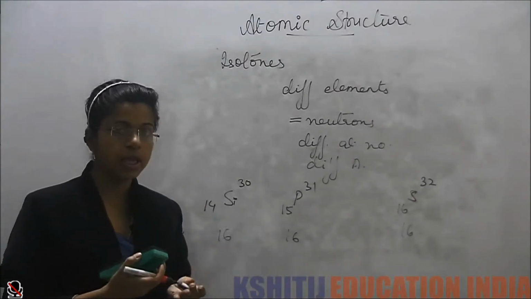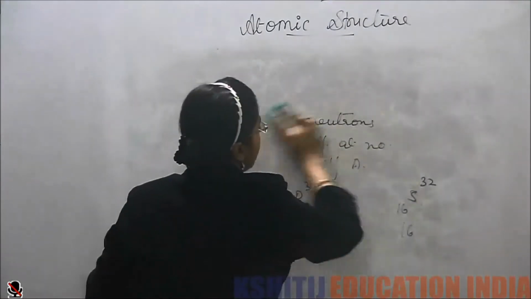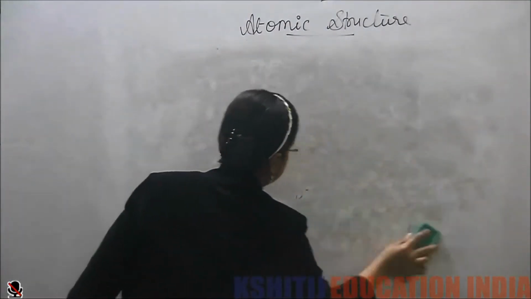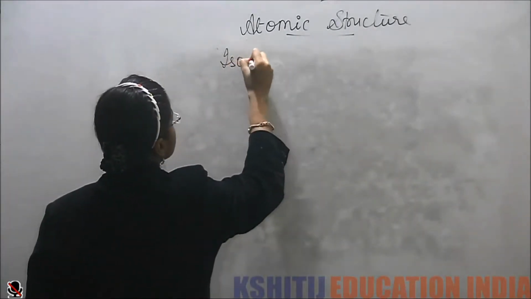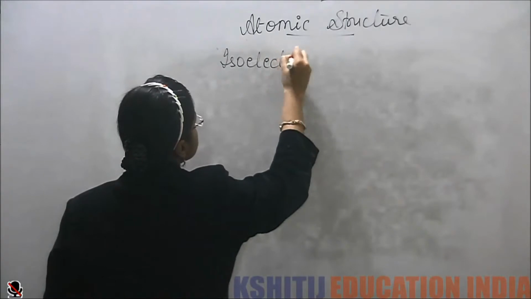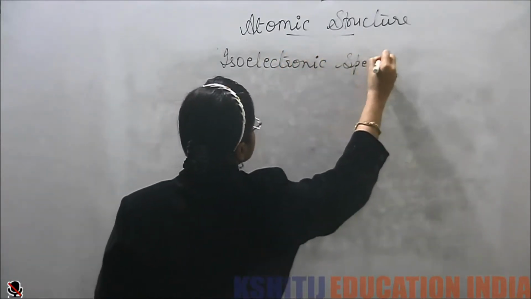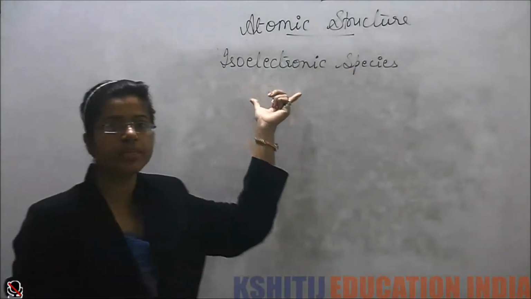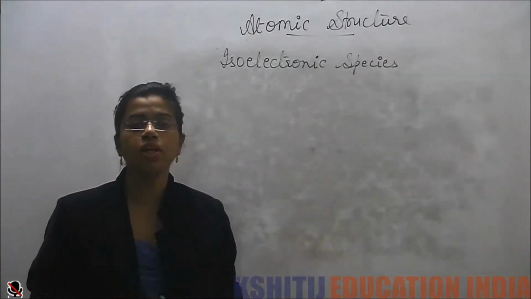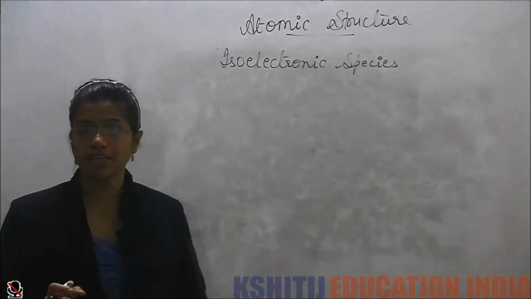Okay. The next term that we would see is isoelectronic species. Isoelectronic species means those atoms, molecules or ions which have the same number of electrons.